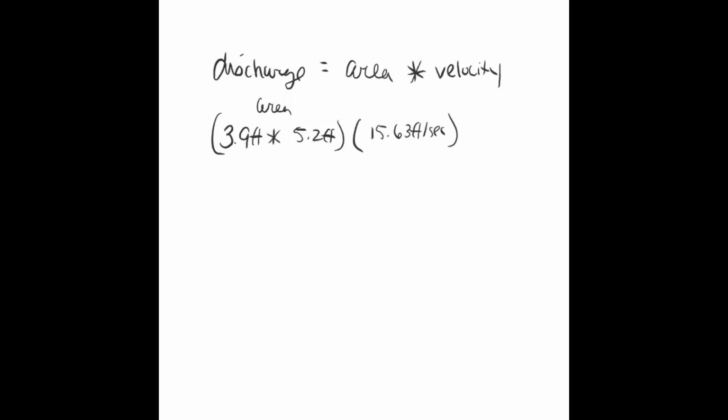To figure out what our units are going to be, we have to remember that all of these units are representing just a power of 1, right? So this is definitely feet to the power of 1, feet to the power of 1, feet to the power of 1 times seconds to the power of 1. When we're multiplying, just a reminder, we add those exponents. So we'll get our answer, which I'm not going to calculate out for you guys.